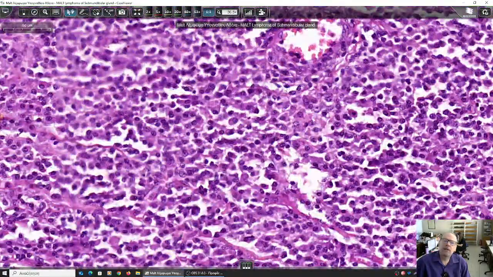It may look like the ones we saw in the, where did we see this? In the Hashimoto thyroiditis, that we have a dense lymphocytic infiltrate. This lymphoma could apply to that case as well.